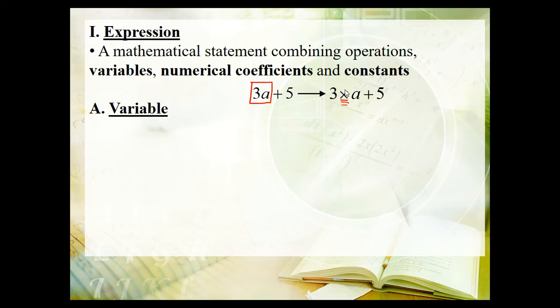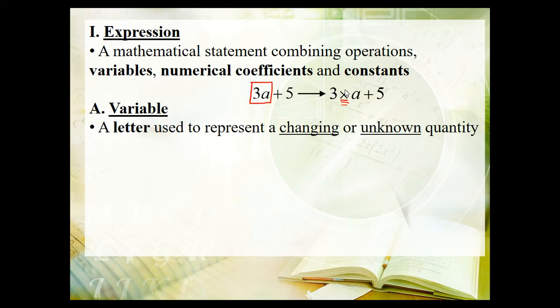So let's start off by defining these different terms that make up the definition of an expression. A variable in mathematics is a letter that is used to represent a changing or an unknown quantity. It turns out we've already looked at this. If we go back to, for example, science, we looked at a pressure equation where pressure was equal to force divided by area.